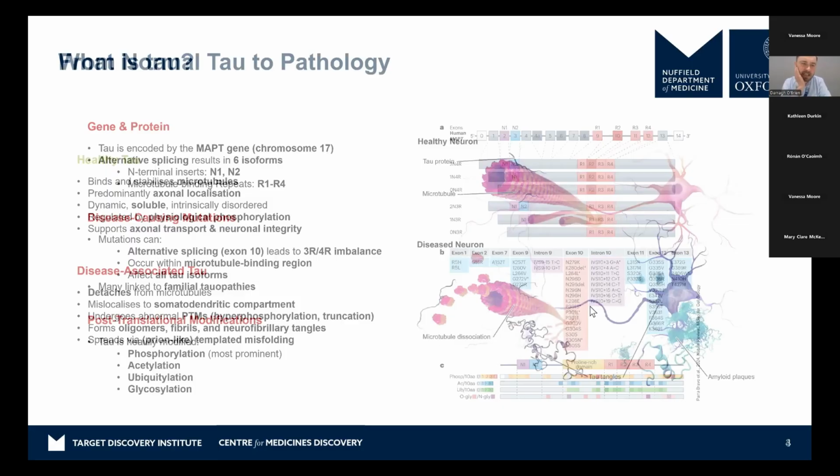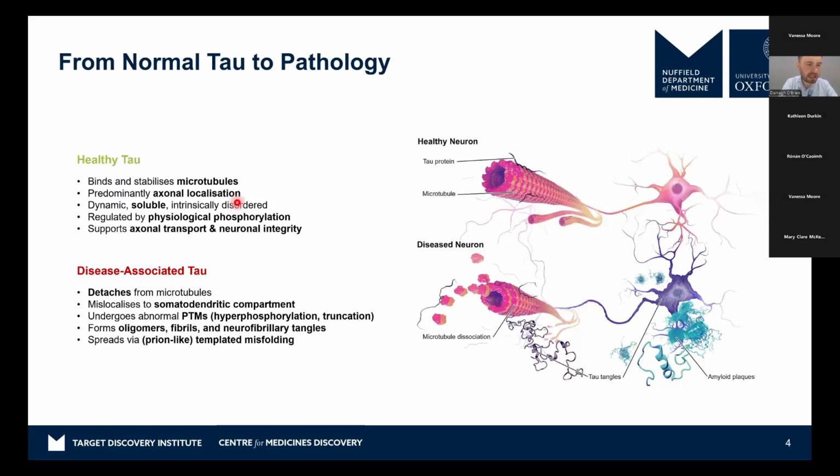This slide captures the core transformation of tau during disease. Normally in healthy cells, tau binds and stabilizes microtubules, and it's predominantly located in the neuronal axon. It's dynamic, it's soluble, and structurally it's intrinsically disordered, so it doesn't really contain much structure.